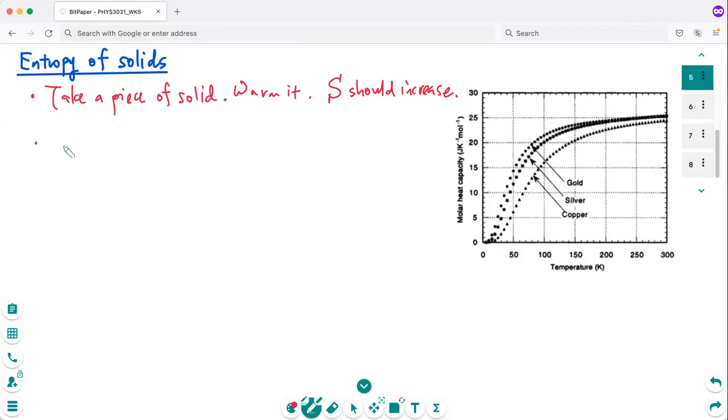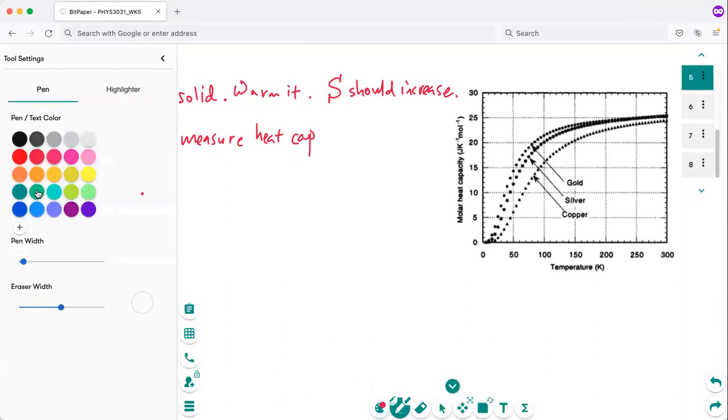My claim is this: to verify this picture, we can measure the heat capacity, which is something we know how to do very well. This is also in your assignment 4, so I don't want to say too much.